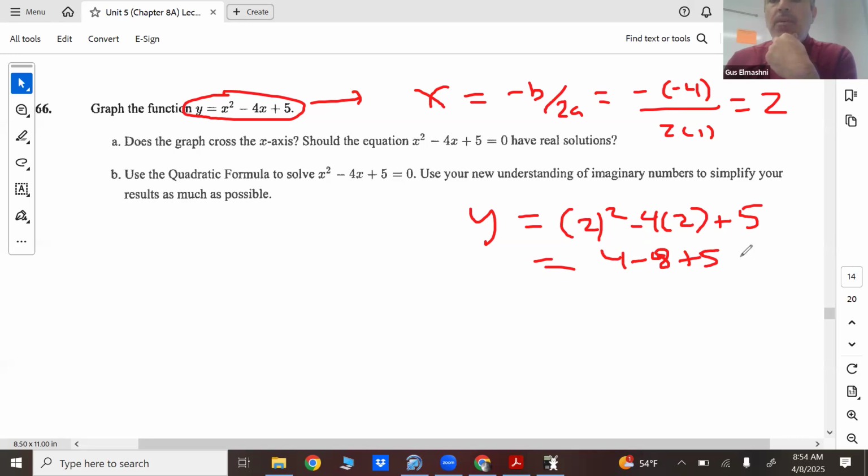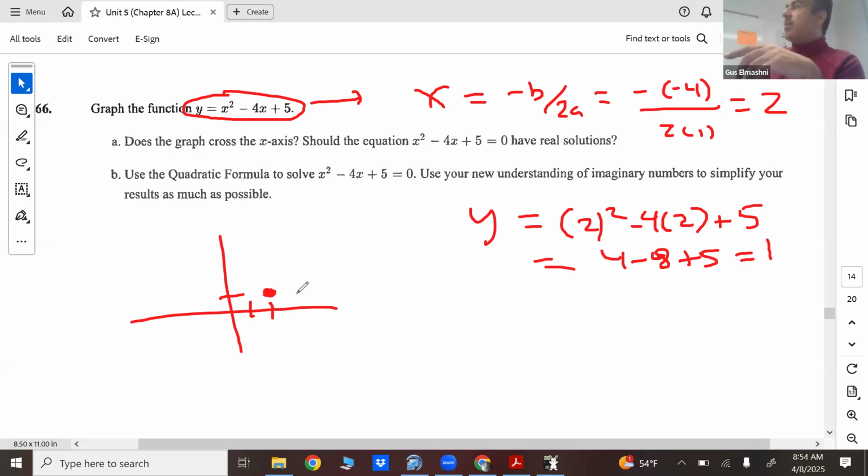Third time's a charm. 1. Okay, good. So think about where the vertex is. Okay, the vertex right here. Is this graph opening up or down? Up. Is it going to cross the x-axis? No. So no real solutions. Okay, so it does not cross the x-axis.